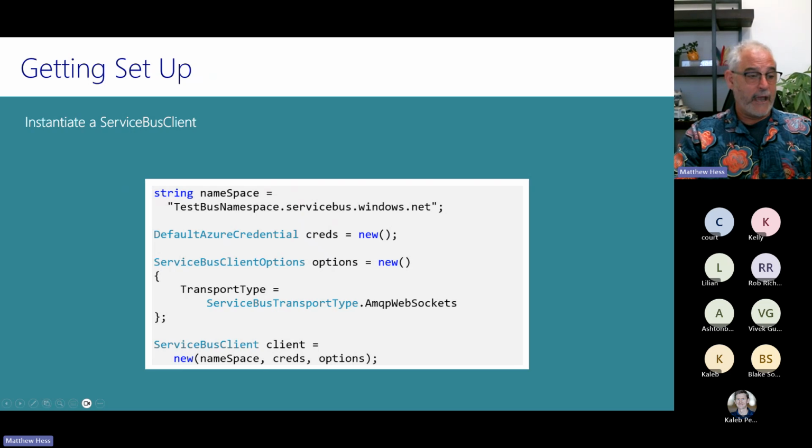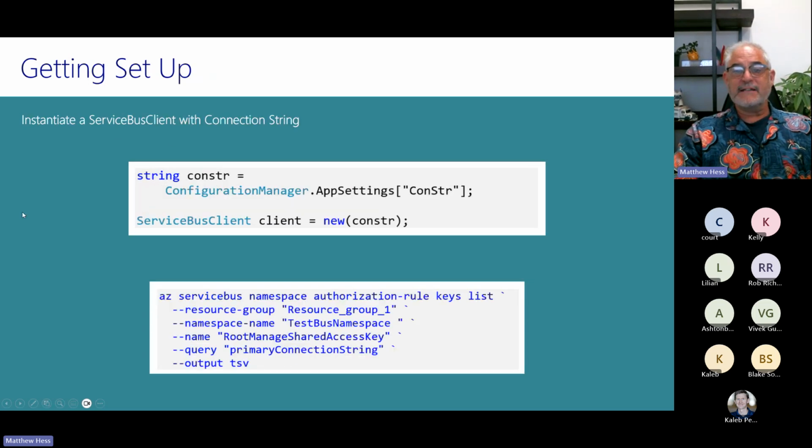There is another way you can do this, and that's with a connection string. This is a lot like making a SQL Server connection, where you simply create the client passing in the connection string in the constructor. These connection strings are very long and they contain some encryption keys, so I'm not going to show you mine, but you can get them a couple of ways.